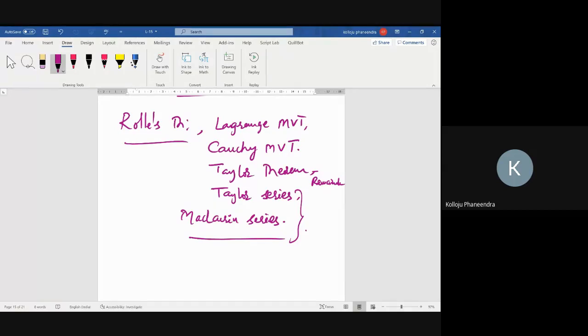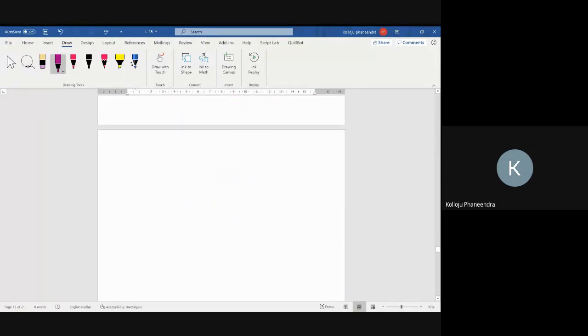Okay, see, let me start with Rolle's theorem. What is the statement?